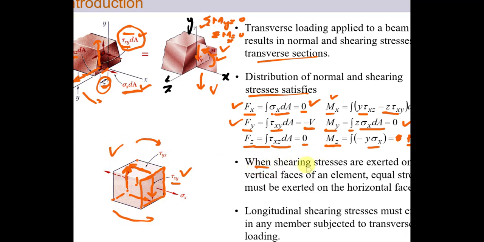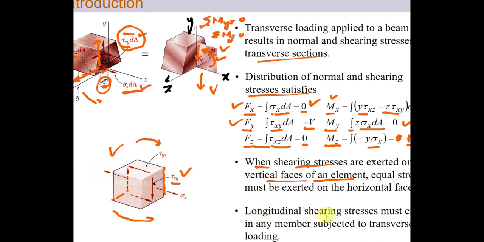So when shearing stresses are exerted on the vertical faces of an element, equal stresses must be exerted on the horizontal faces. So the same shear stress will also be exerted on the horizontal faces in order to keep it in equilibrium.